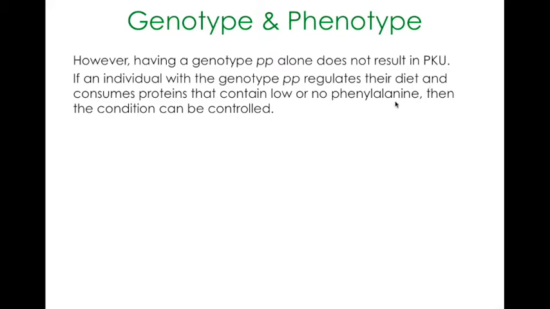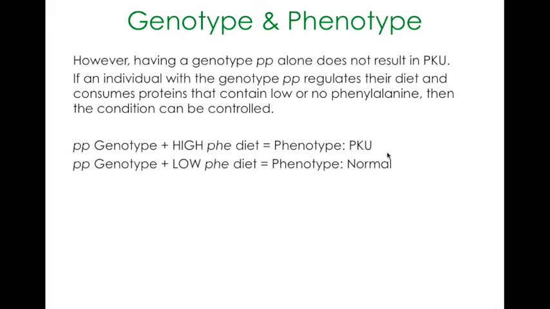You can control that particular condition simply by understanding the genetic causes and then managing some of those symptoms. So if an individual with a lowercase pp genotype has a high PHE or phenylalanine diet, it results in PKU. If they have a low one, they will have a normal phenotype.